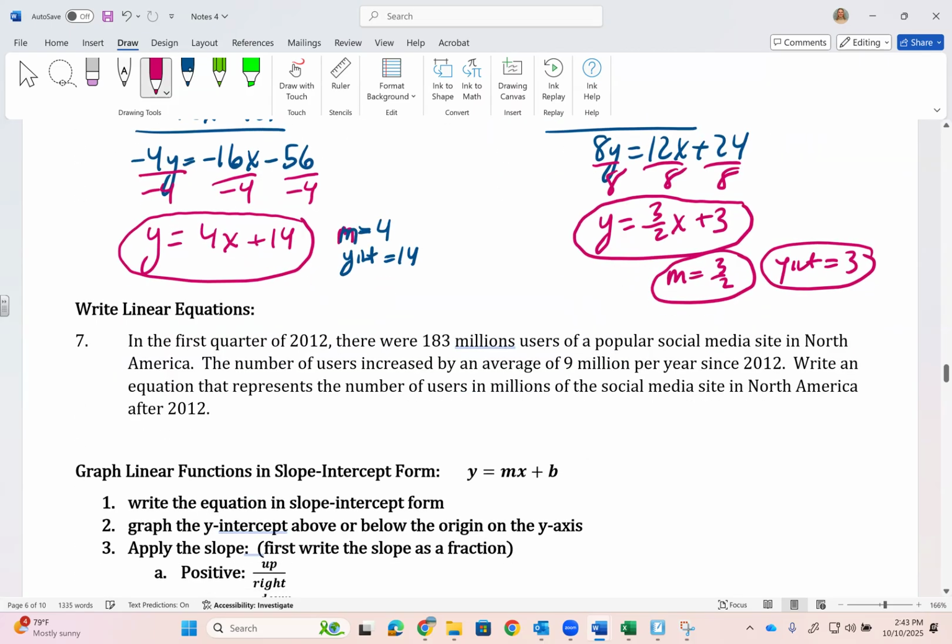Now we're supposed to write a linear equation with the center. There's not a lot of space in here, but it says in 2012, there were 183 million social media users.